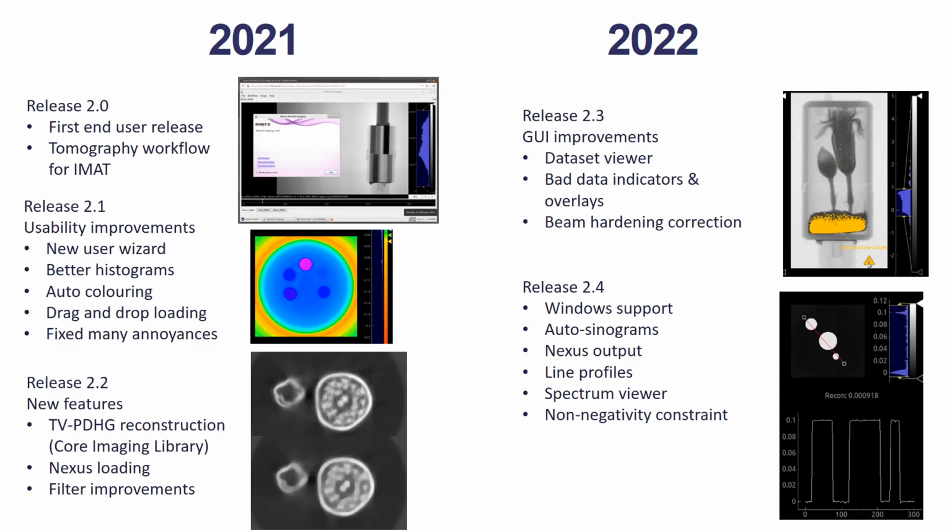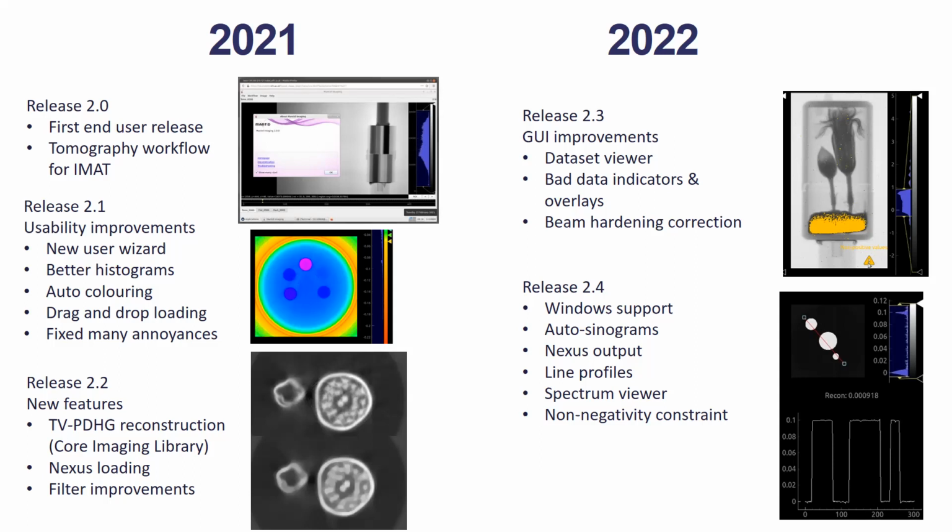So a recent one was having a line profile when you're previewing your reconstruction. So it's just, we work on basically what IMAT prioritizes and what they need.